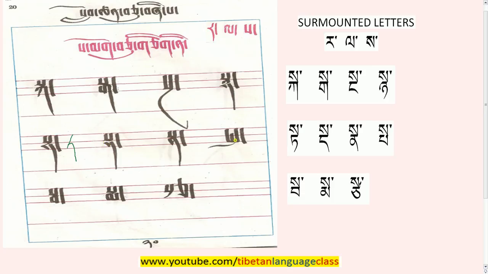And then this is pa. Now this is totally changed. See, if you look here, generally pa kind of looks like this, but now this sa right here changes to this character here, and then the pa changes to this letter right here.